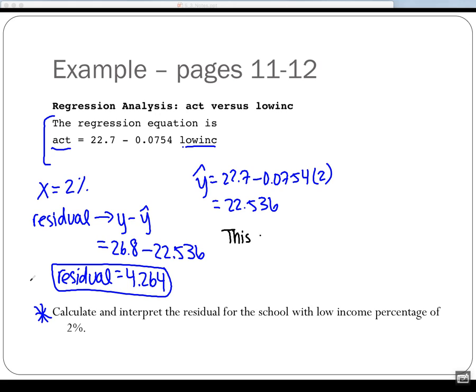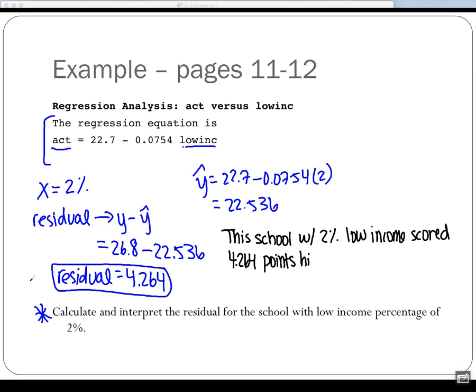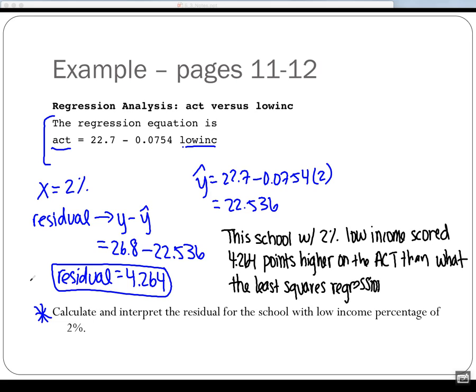So writing that out, this school with 2% low-income students scored 4.264 points higher on the ACT than what the least squares regression line predicted.